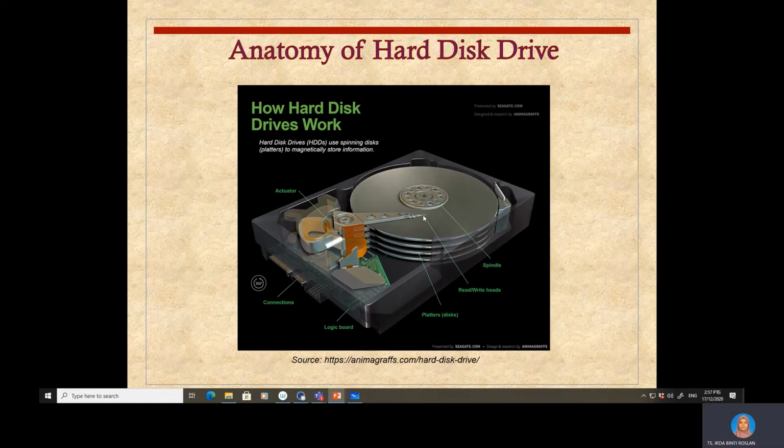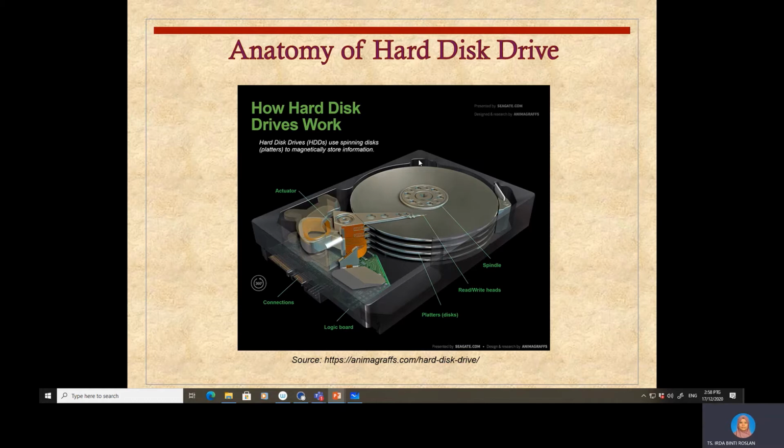So this arm will move, and this platter is rotating. It's a rotating platter.